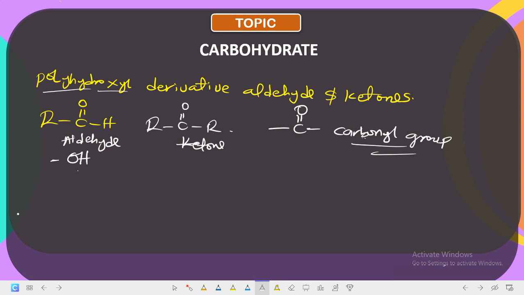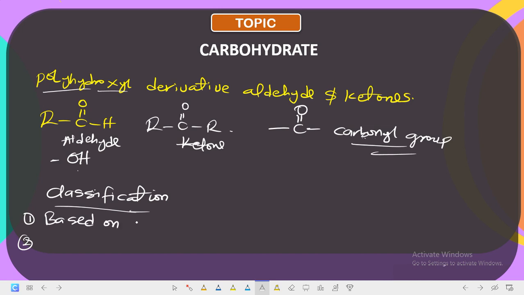Now, having defined carbohydrates, let us talk about the classification of carbohydrates. Carbohydrates are classified in two ways. One, based on the functional group present.